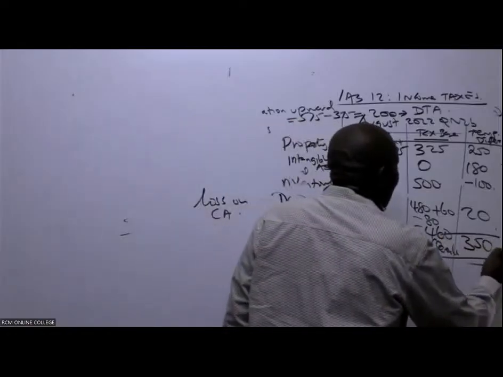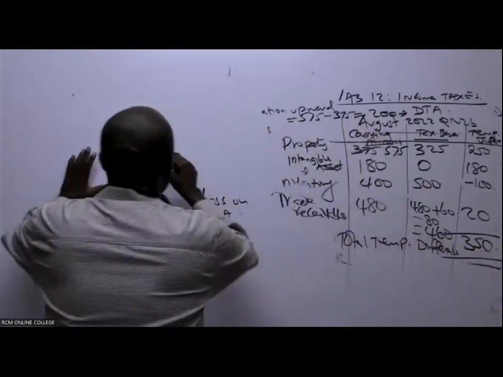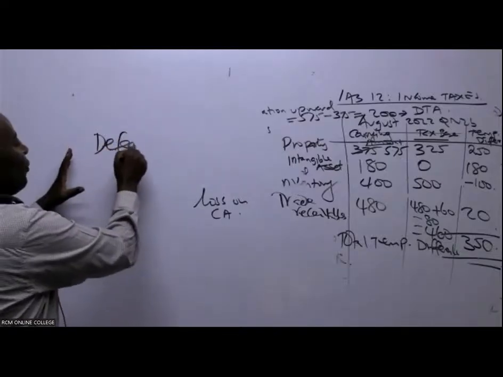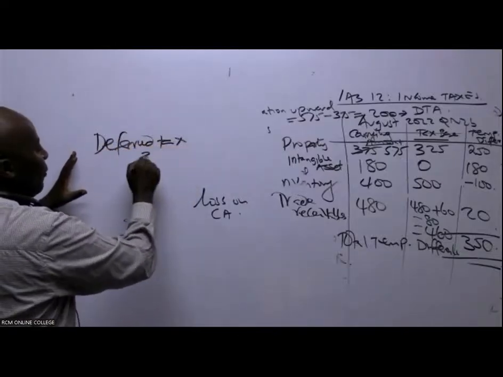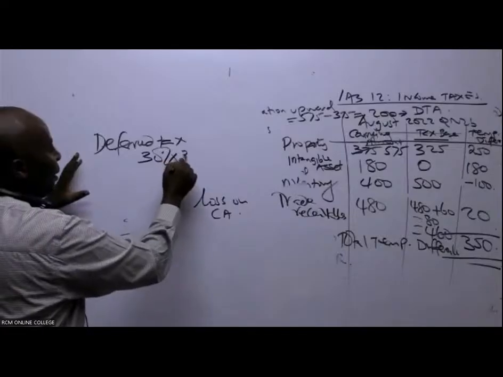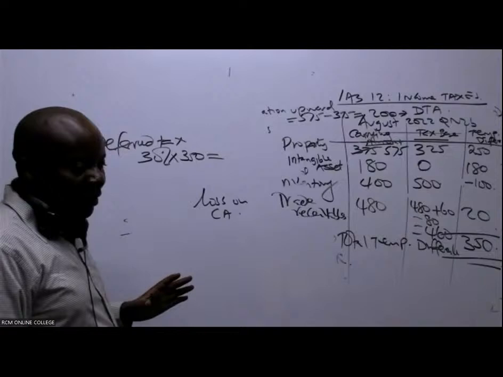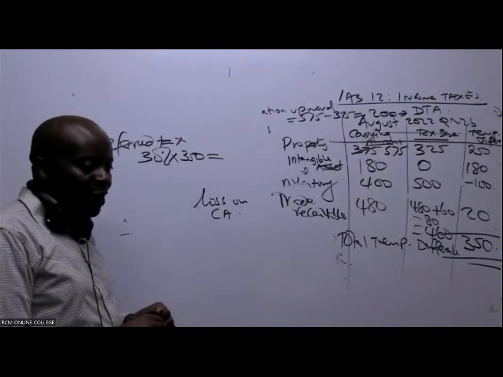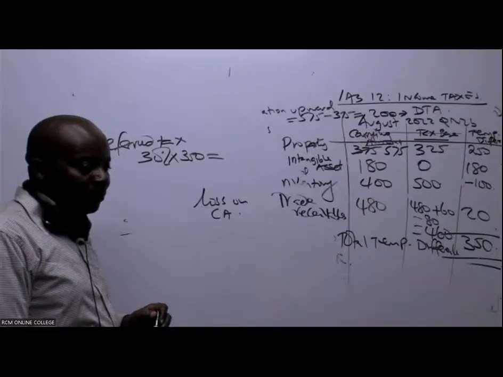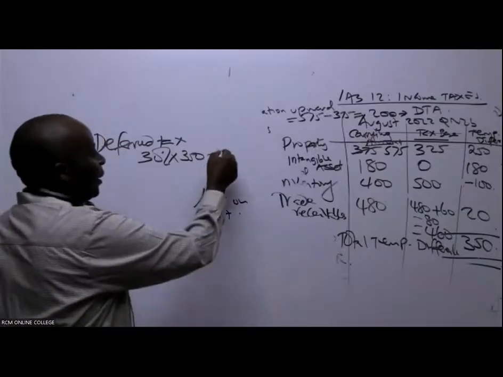Total temporary difference will always give birth to what we call deferred tax. So give us the deferred tax: 30% times 350, which ends up giving us what figure? It's 105, isn't it?